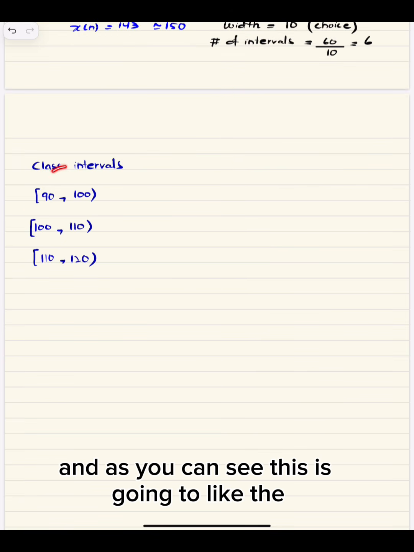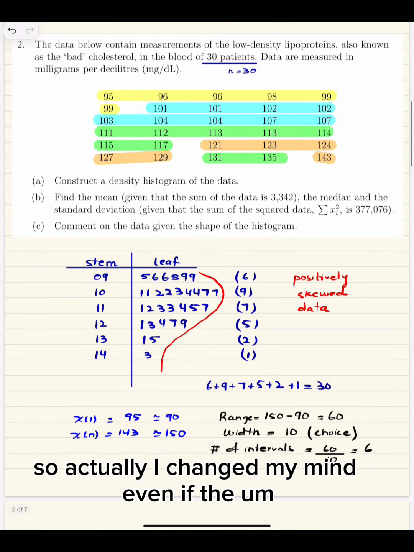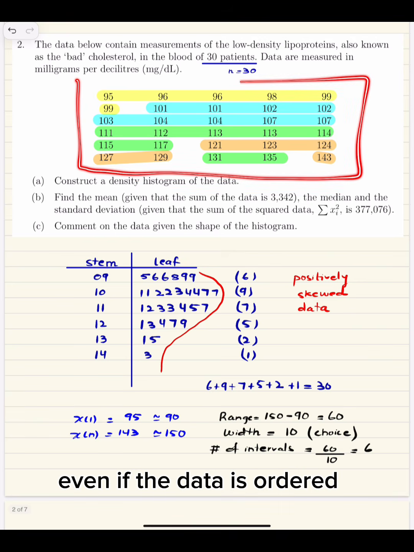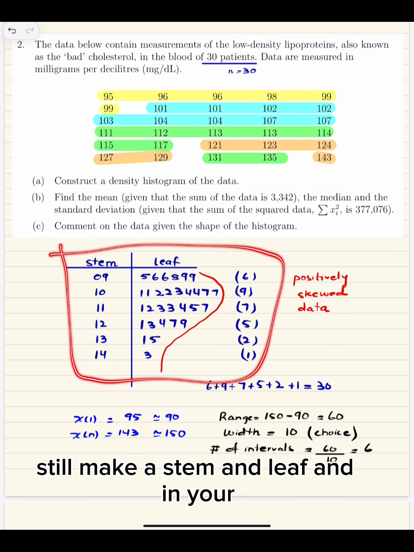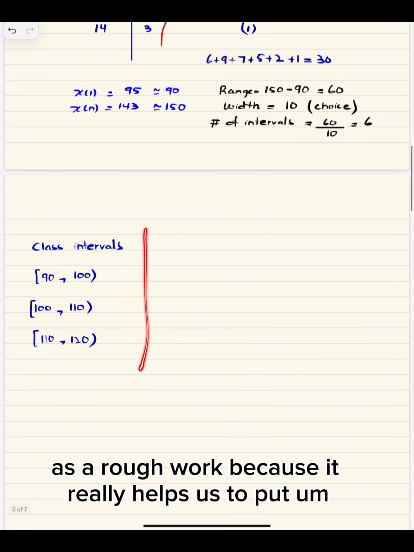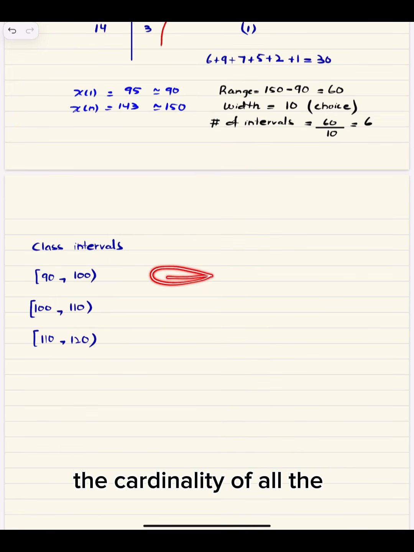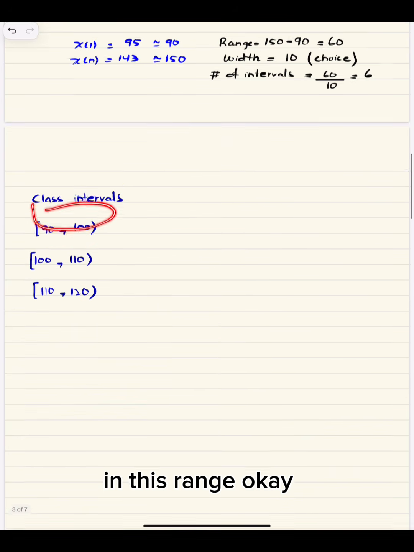As you can see, the stem and leaf is really going to come in handy here. So actually I changed my mind. Even if the data is ordered, still make a stem and leaf as rough work, because it really helps us to get the count of all the elements that fall in this range.